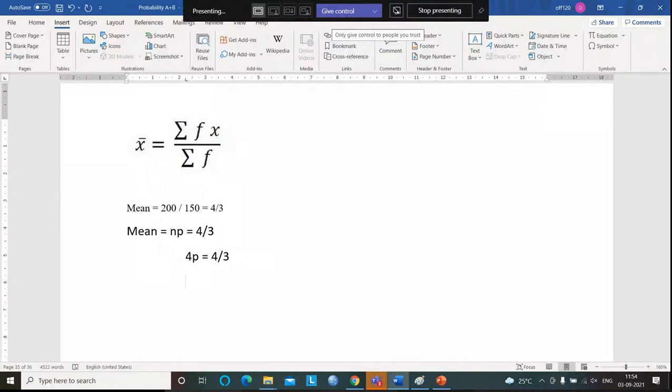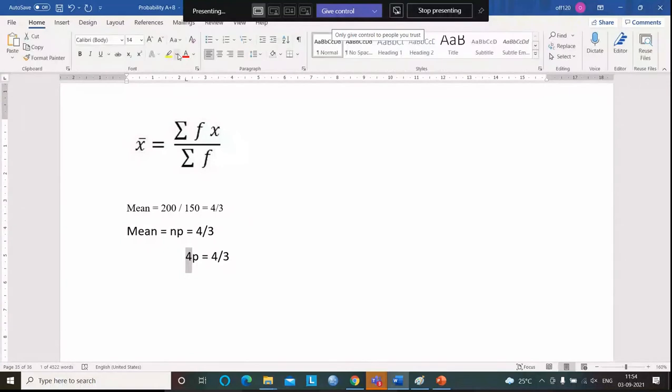Now what happens here? 4 and 4 get cancelled, left hand side and right hand side. I'll just highlight these values for your understanding. 4 and 4 get cancelled. So then immediately we get the value p is equal to 1 by 3.